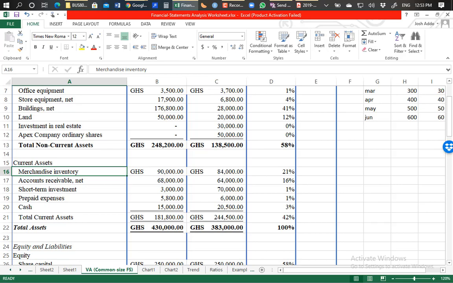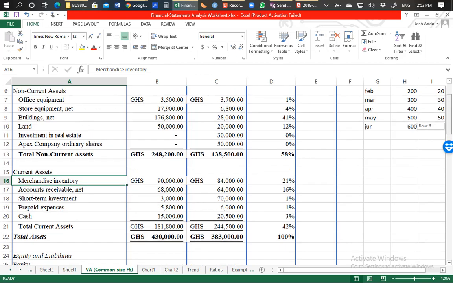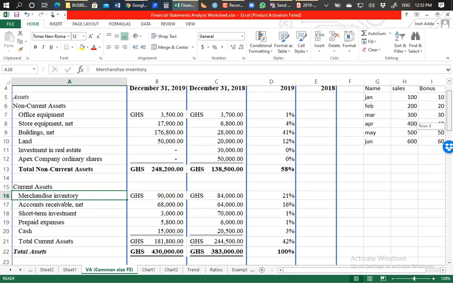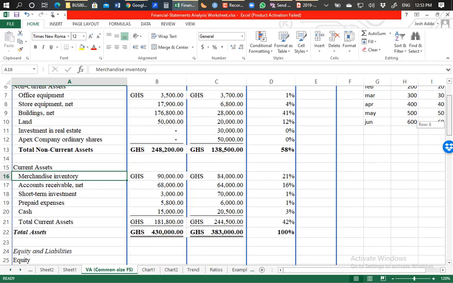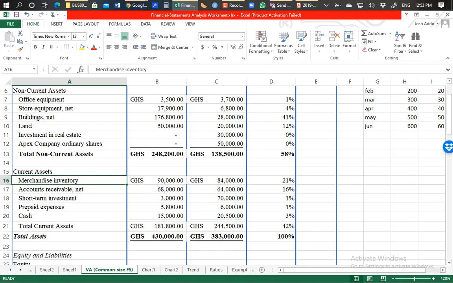Those items that will have a huge percent, for example, our non-current assets is 58%. It is not alarming anyway, but if you come and see, say, inventory, merchandise inventory, that's the things we buy and sell.